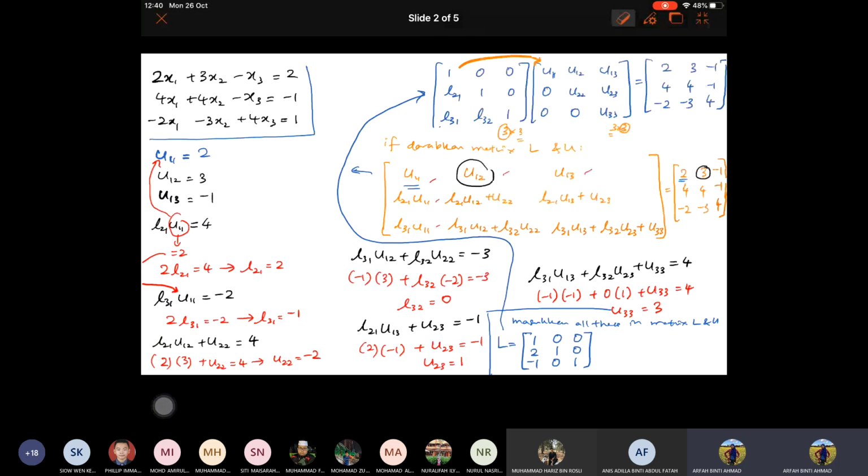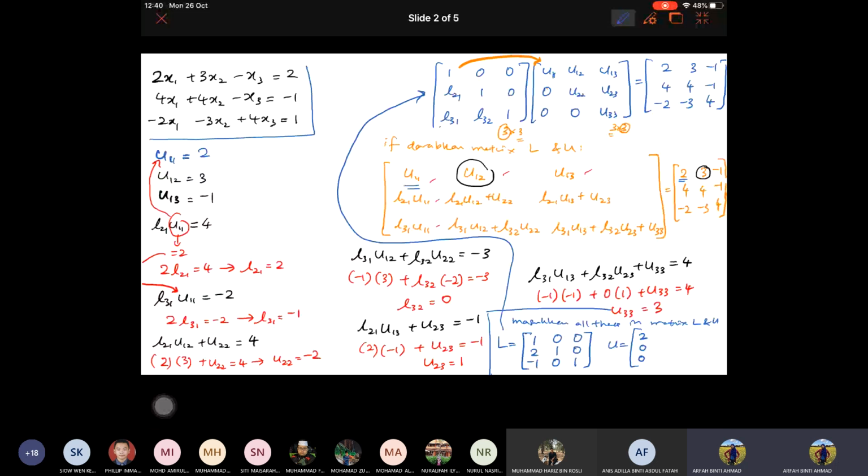Okey. So kita masukkan balik juga dalam matrix U. So dapat apakah matrix U awak? Sebab aim kita kan nak cari apa itu matrix L dan apa itu matrix U. So masukkan balik dekat atas tu matrix L dan juga matrix U berdasarkan apa yang awak kira. So U11 is 2. 2 0 0. Okay.